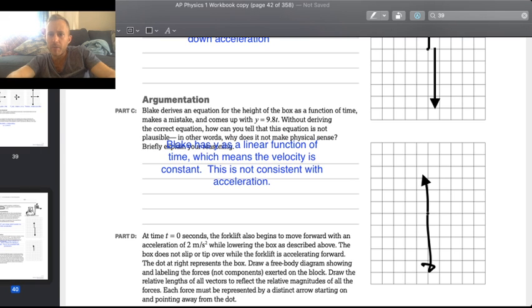Okay, but then we've also got friction going to the right. Notice how I have to change this a little bit.